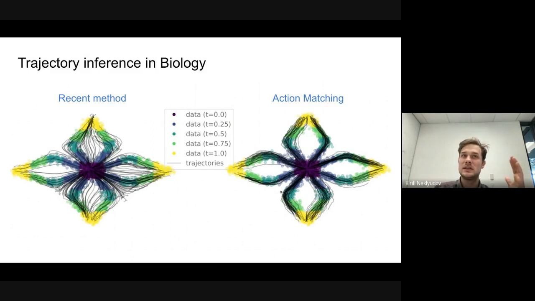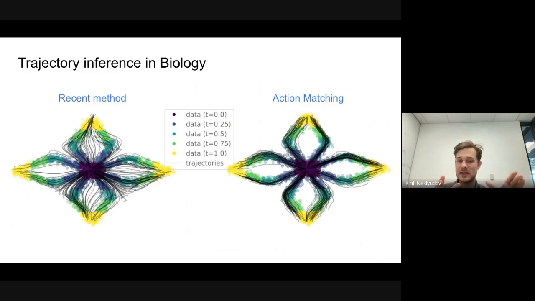So here the data is these scatter points of different colors, and each color corresponds to a different time. We only have data for several time steps. We don't even have dense data, and it's called trajectory inference for population dynamics. So it's the dynamics of cells.